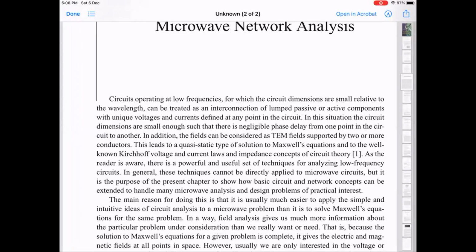Even though you cannot analyze them as lumped elements, you can treat them like lumped elements at the terminals. As long as it's a well-defined point where you can measure voltages and currents, even if it is difficult to measure, but in principle you can define a point where voltages and currents have a meaning, you can then build larger components by treating them as effectively, I wouldn't say exactly lumped element, but the point is that even in a lumped element, the terminal voltages and currents are what matter. And this maps to that.